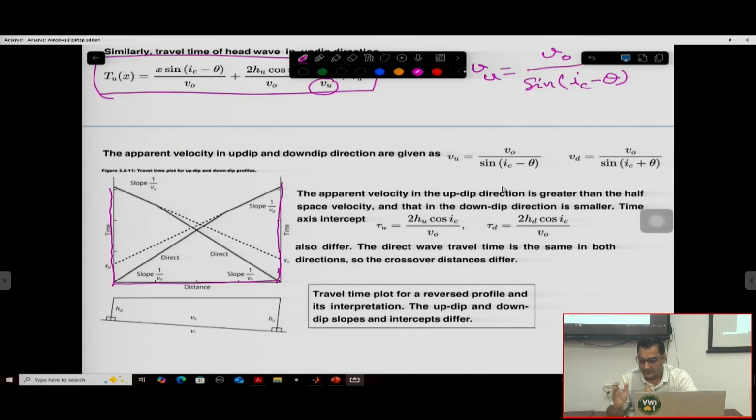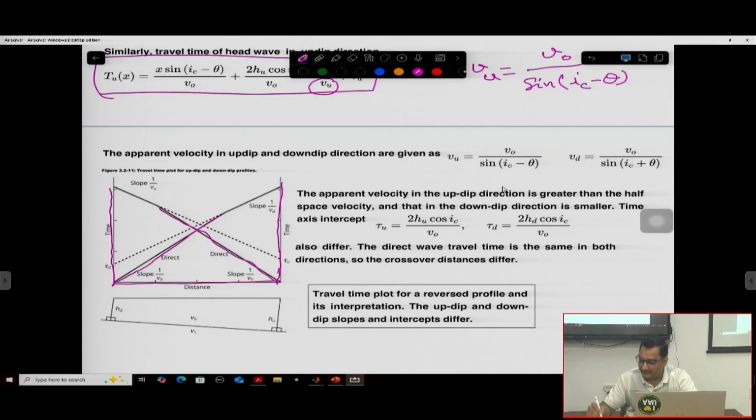The direct wave in both cases will have the same time, right? So this is the direct wave up to here, and for the reverse profiling this is the direct wave, and both of them have the same slope, 1 by V naught.